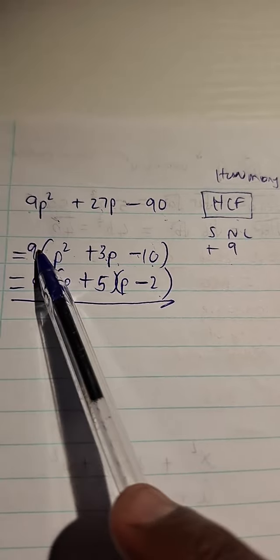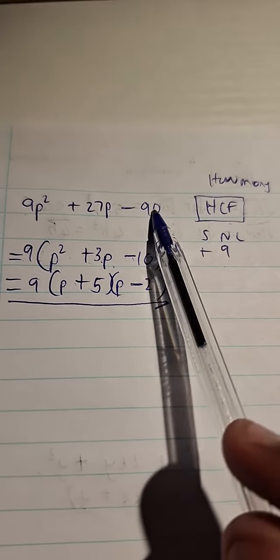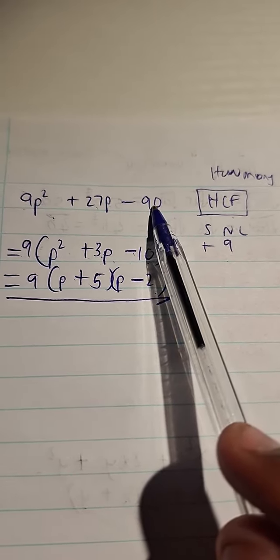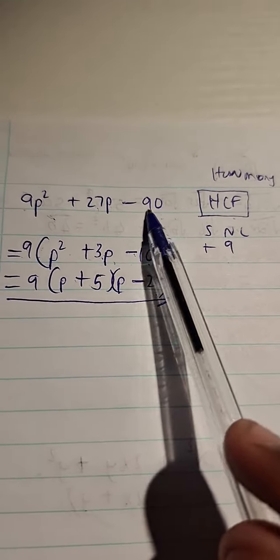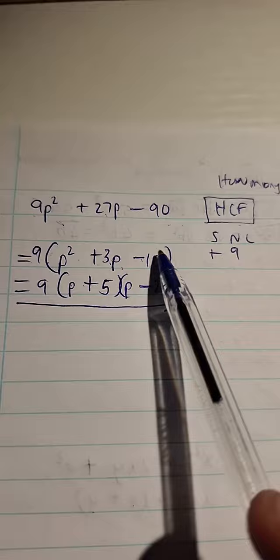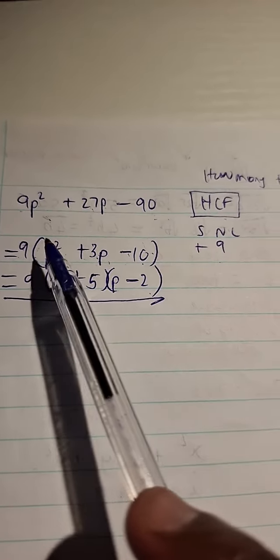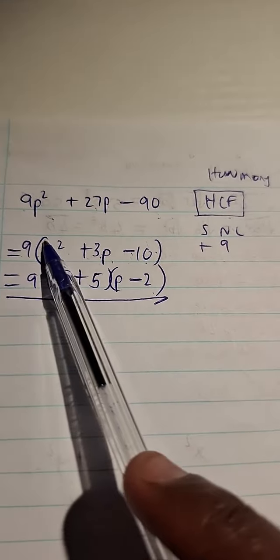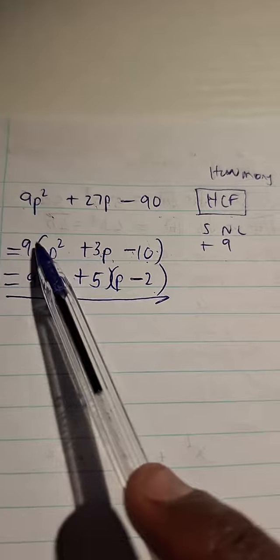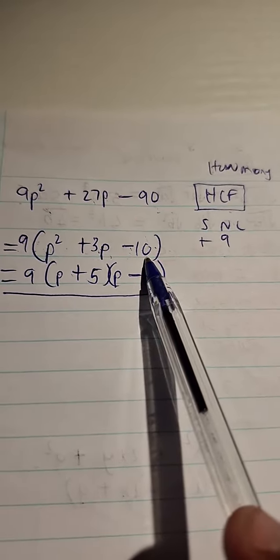Then lastly, 9 times what gives you negative 90? That means it's negative 10, or you can say negative 90 divided by 9, which gives you negative 10. So that's how you get your 3 terms after taking out the highest common factor, that is 9. You then close the brackets.